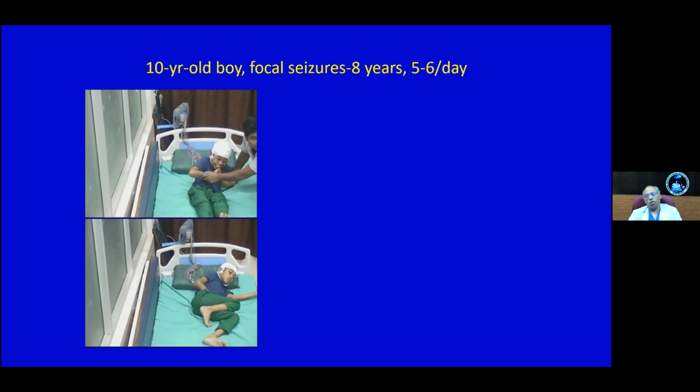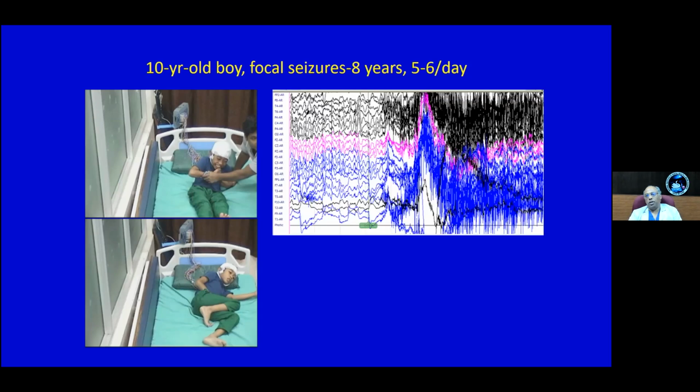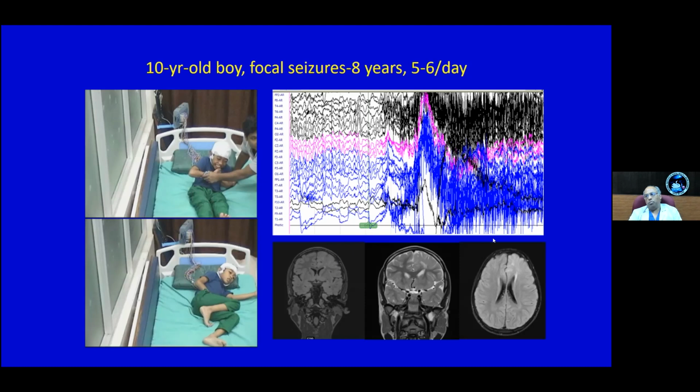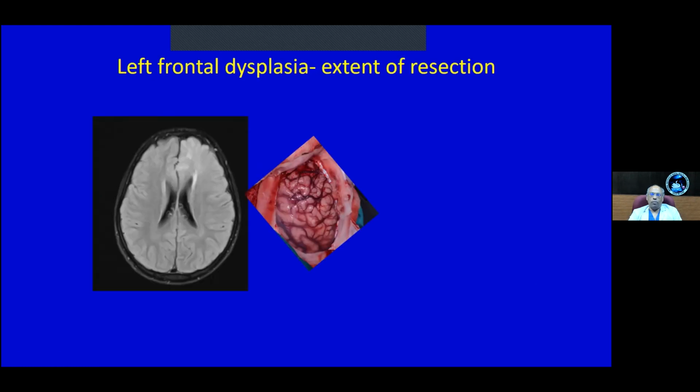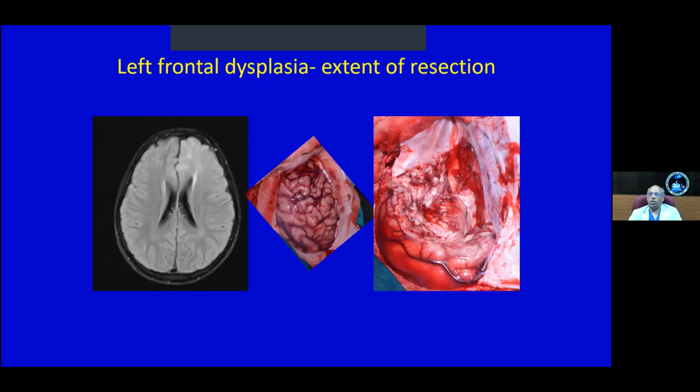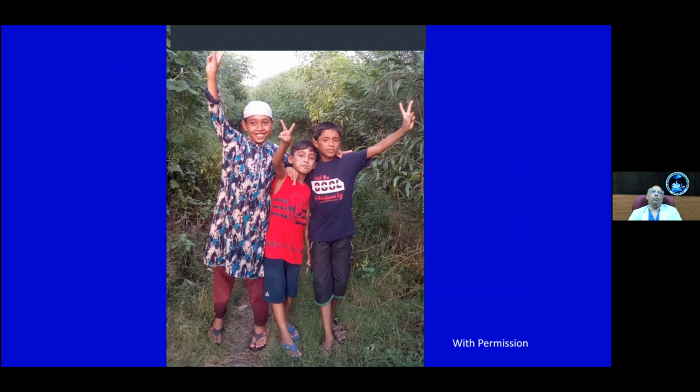This child had ictal onset in the left frontal region, and then there is a large malformation in the left frontal region, and he again underwent gross total resection of the malformation. You can make out here this is the olfactory tract and this is the caudate ventricle, and we went up to Broca's as well as up to the premotor area and performed the gross total resection. Now he's able to attend school and enjoy his childhood.